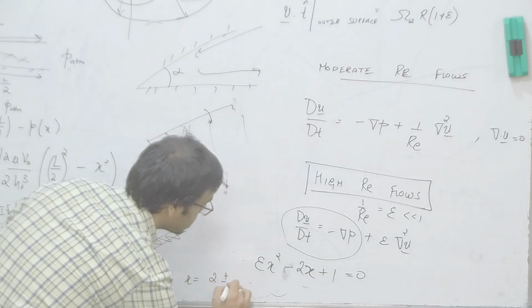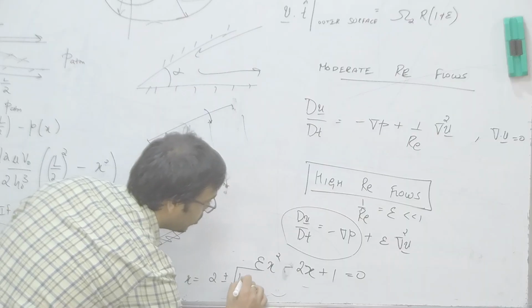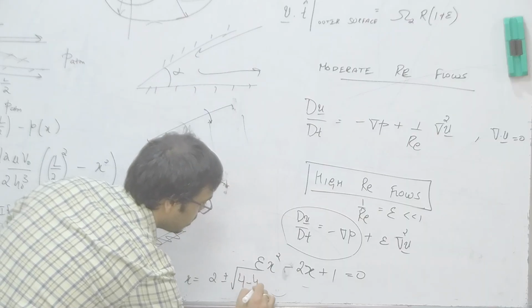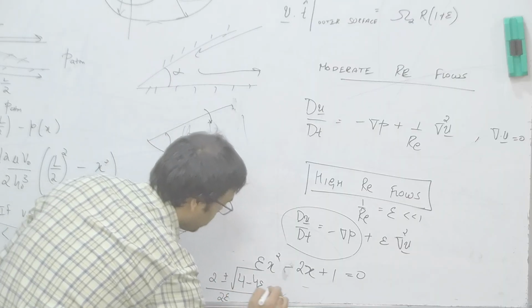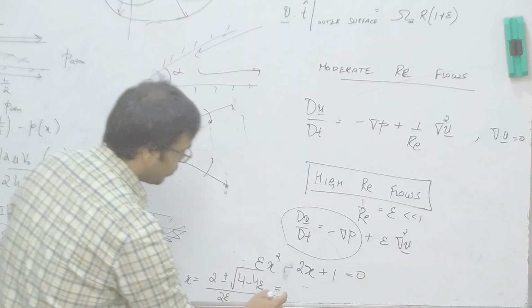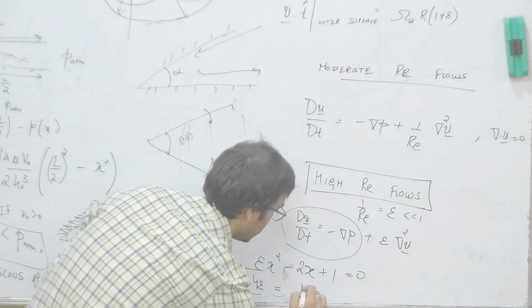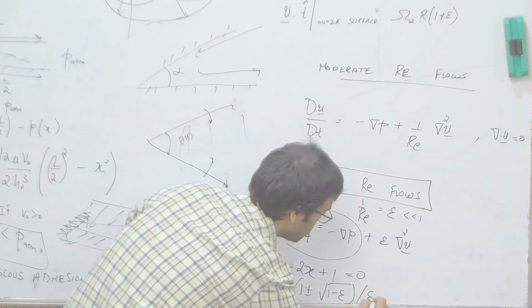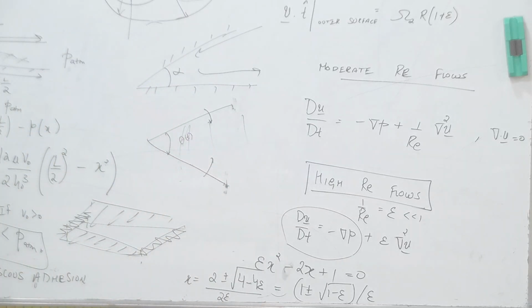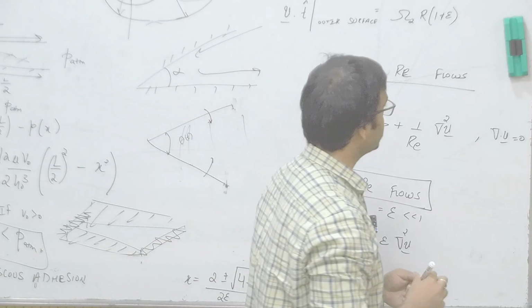2 plus minus square root of 4 minus 4 epsilon, over 2 epsilon. So, if you cancel things out, what do you get? 1 plus minus square root 1 minus epsilon, over epsilon.